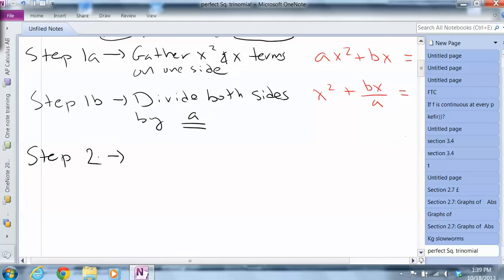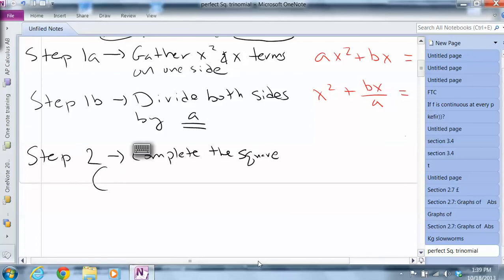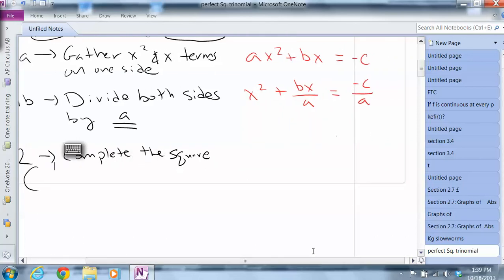For step 2, we're going to complete the square. Now remember what completing the square entails. Do you guys remember what we had to do to actually complete the square? Matt, go ahead.